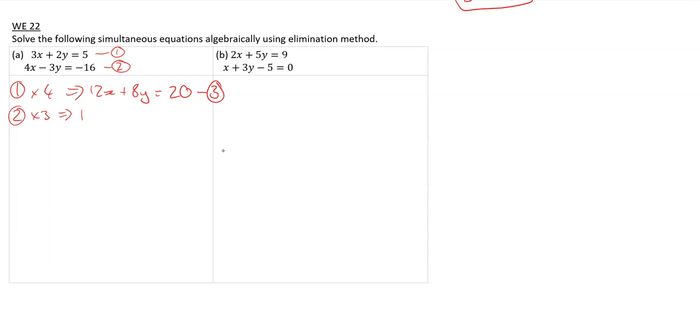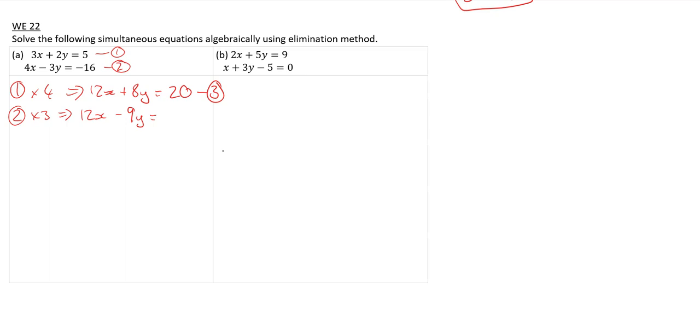So 4x times 3 is going to be 12x. Great, now these are the same. That's what I wanted, but I still got to do everything else. Negative 3y times 3 is going to give me negative 9y, equaling negative 16 times 3. It's a bit tricky, but 48. And then it would be, what's 15 times 3? 45.